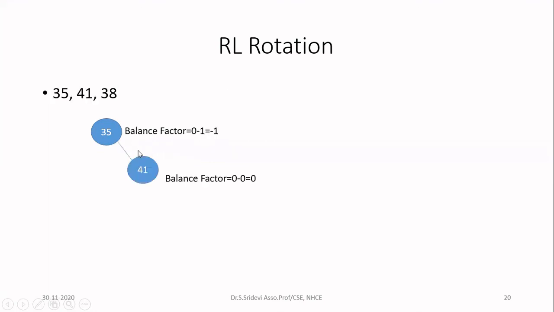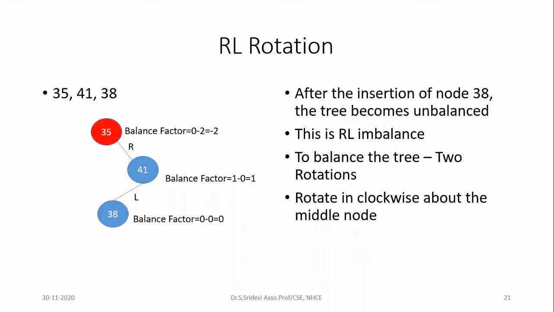Then I'm inserting the new node 41, it is greater than 35, so I have to insert it in the right subtree. After the insertion, the balance factors of the nodes are -1 and 0 respectively. Both now have allowed balance factors only, so go and insert the next node 38.